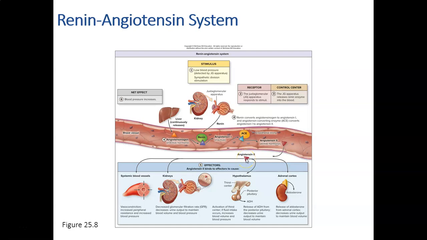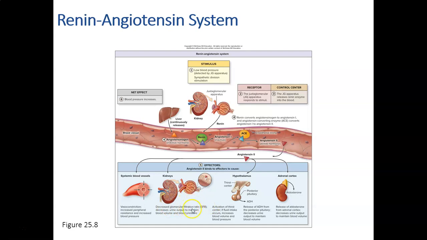And let's see what angiotensin 2 is doing. One thing is it stimulates the systemic blood vessels to vasoconstrict. By vasoconstriction, it also constricts the afferent arteriole. The afferent arteriole constriction is going to decrease the GFR.